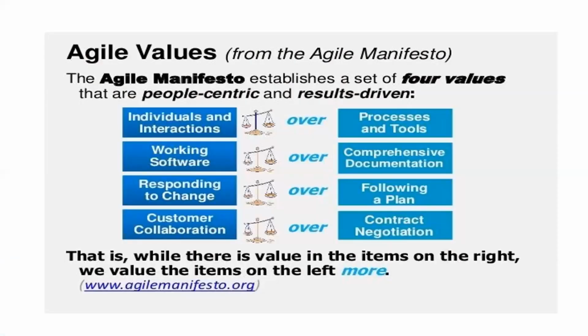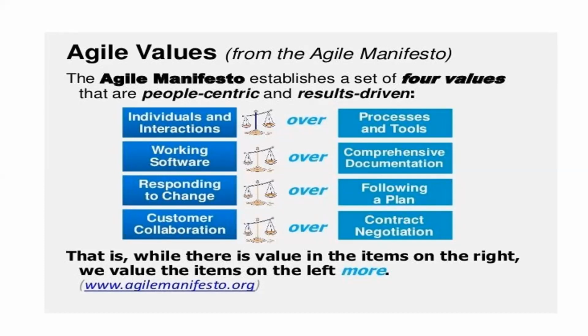I've put it in a more understandable way. It is not that the items on the right are not okay or not useful or that we should do away with them. It's just that they believe the items on the left drive more value in Agile.